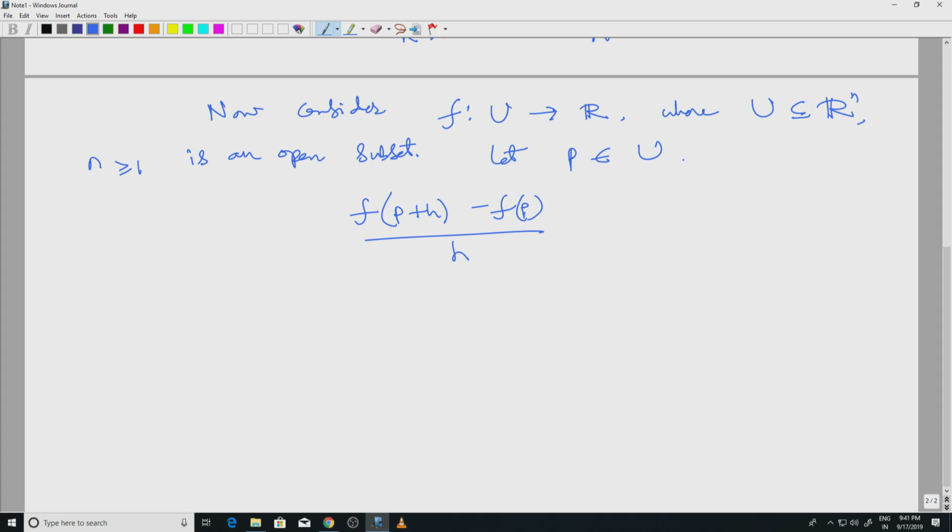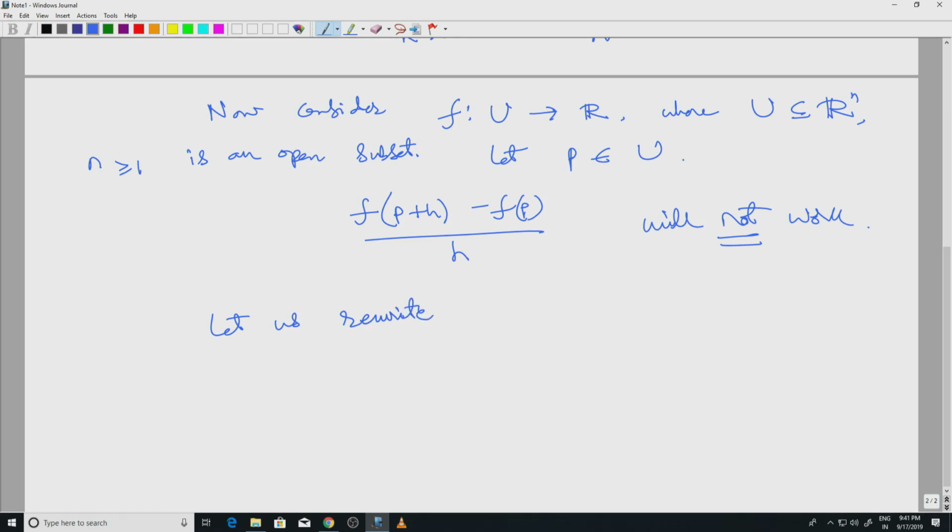So the difference quotient concept will not work. So let us rewrite.